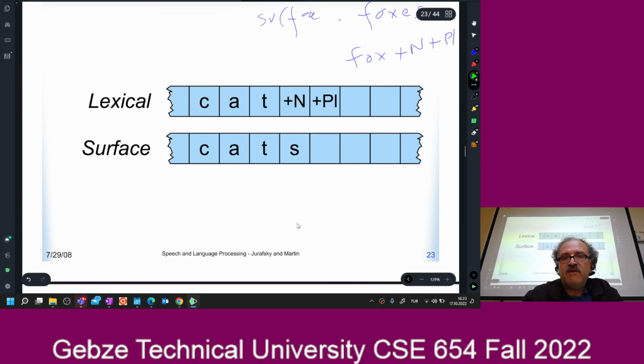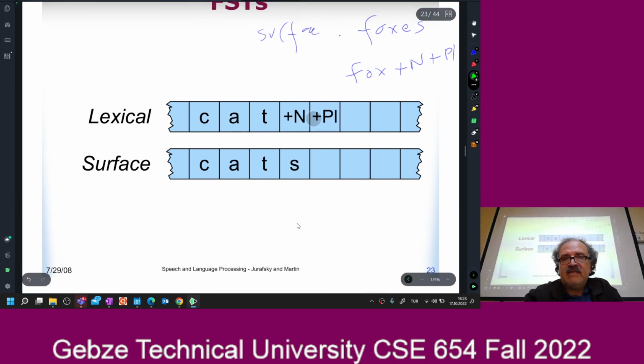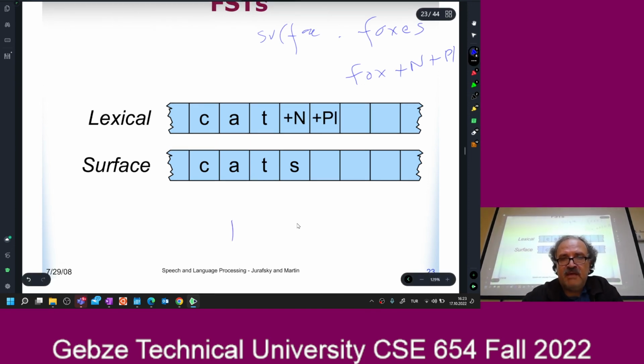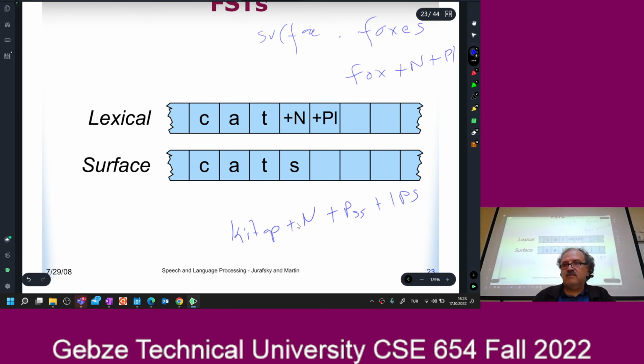Okay, so we make these kinds of changes in the Turkish language depending on our suffixes. So if my surface form is kitabı, my lexical form should be kitap plus noun plus possessive, plus first person singular. First person singular possessive.